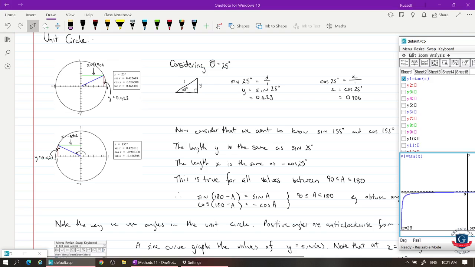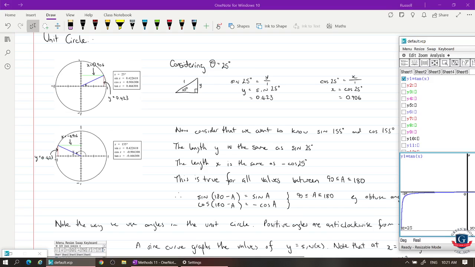Well, we can see that this height here would still be y, and in fact it's going to be a positive value of y. If we're looking for the same solution in the first quadrant where we can use our trig ratios, we know that it's this angle here, which is 180 take our obtuse angle, which gives us our 25 degrees.